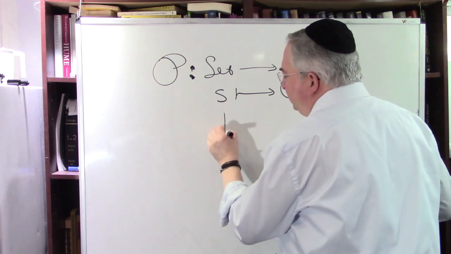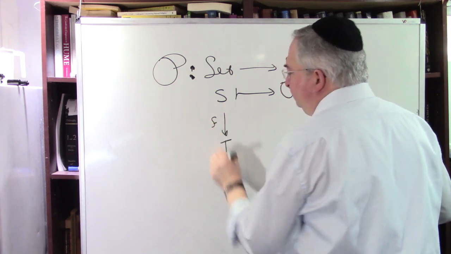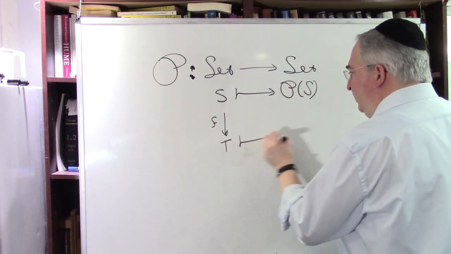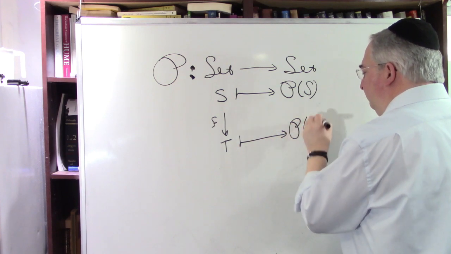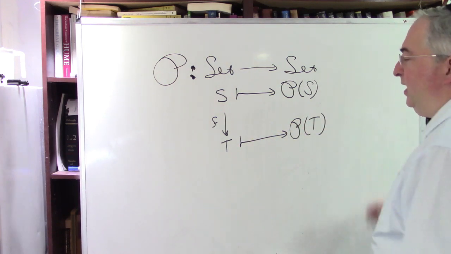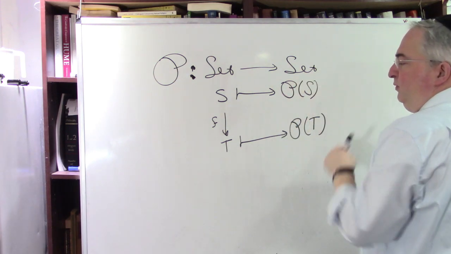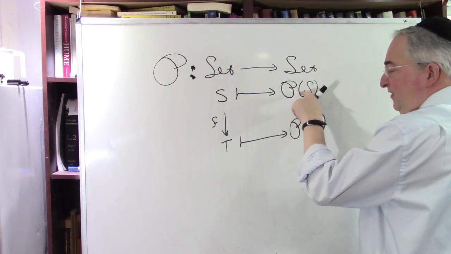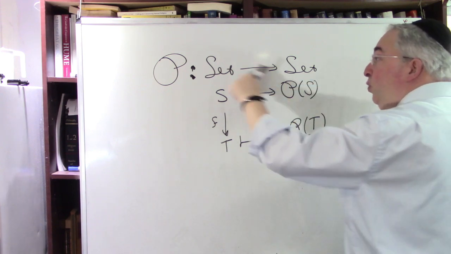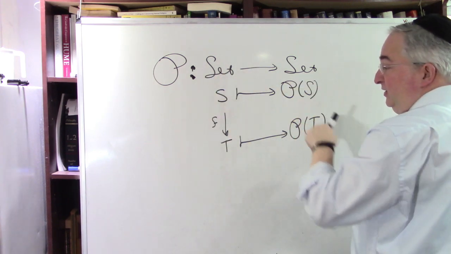Now take a map F from S to T. This is going to go to the power set of T. What we saw before is a map from here to here, which takes a subset of S and maps it into what F takes it to.